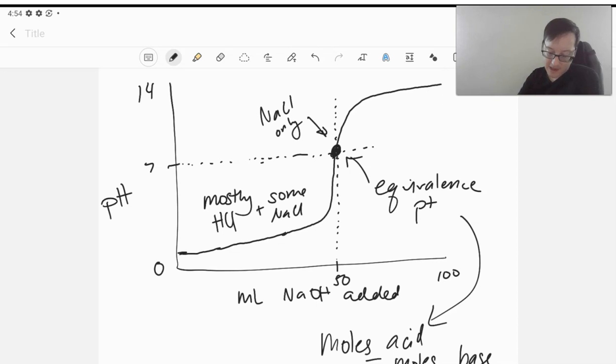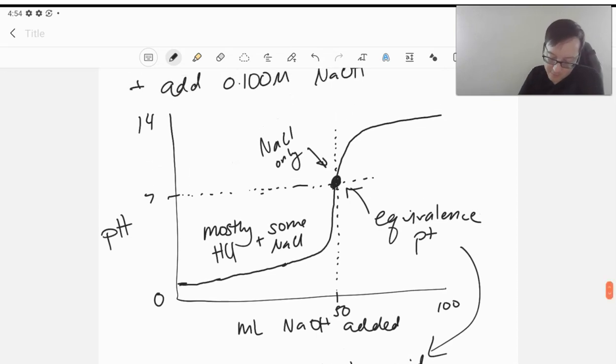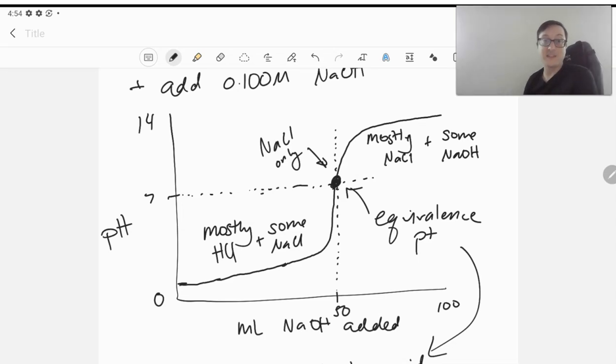As we pass the equivalence point, we have mostly NaCl plus some NaOH, so we start getting more and more basic, and we start seeing our pH at the very high end. Eventually it will peter out, but over time we're changing the composition of our solution, from one that's mostly acid, to one that has neither acid nor base, to one that's mostly base, as we keep on going.